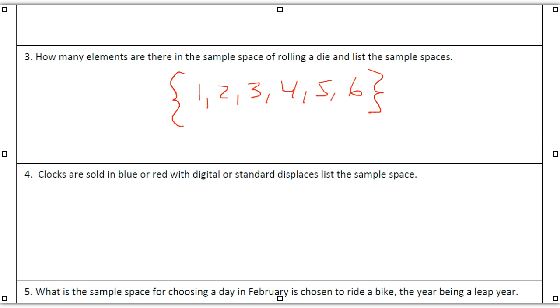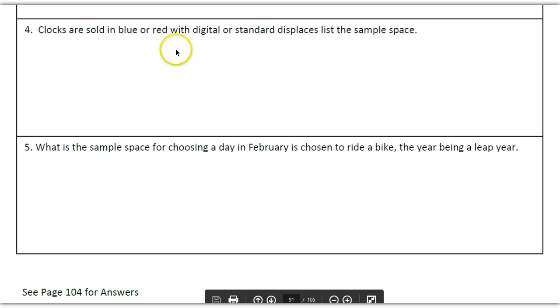All right, number 4. Now in number 4, there's a couple of ways to do this. We have clocks that are sold in blue or red with either digital or standard displays. So what would be the sample space of this?